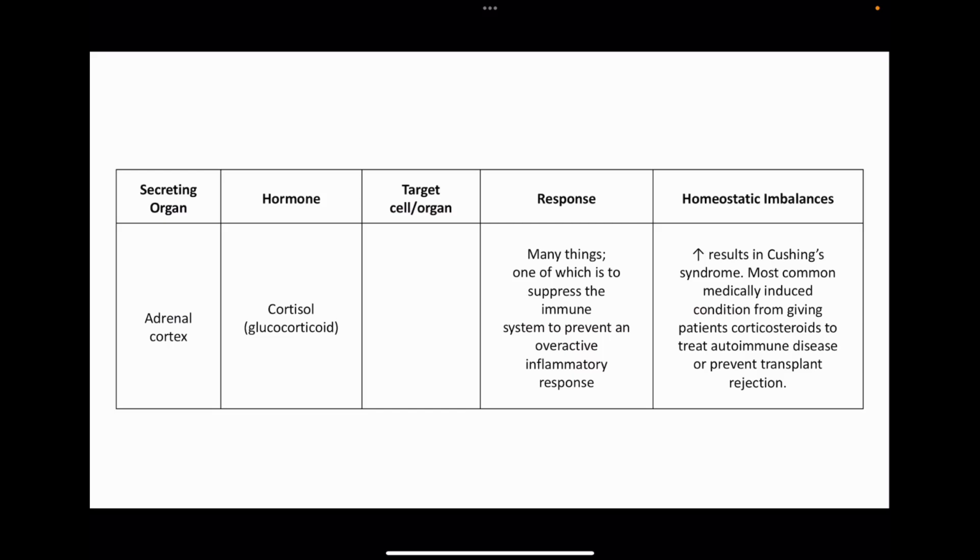The next hormone from the adrenal cortex, and again, remember these are all lipid-based hormones, is going to be cortisol. Cortisol is known as our stress hormone. And its target cell or organ is going to be most body cells, because all or most of our body cells can experience some kind of stress.